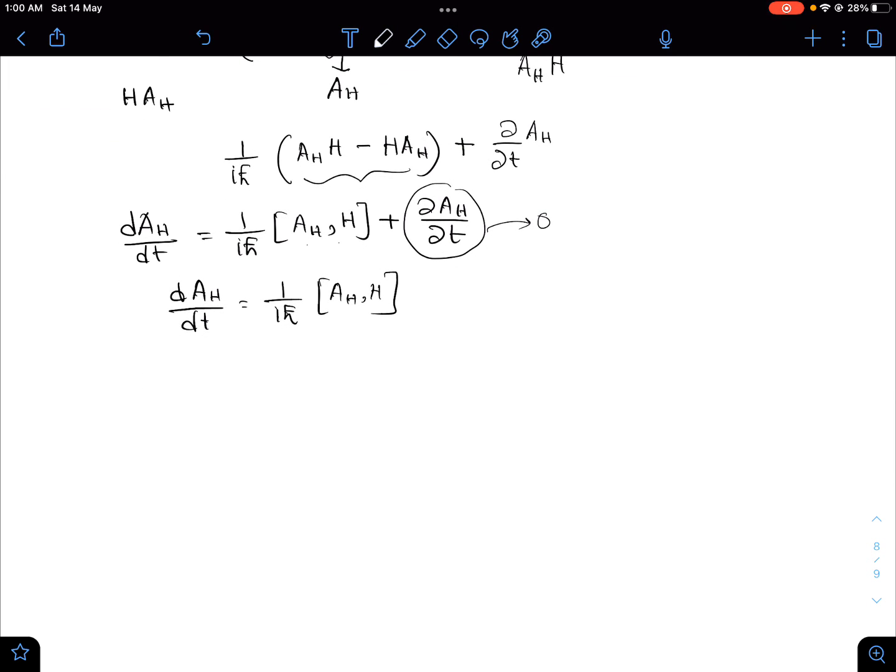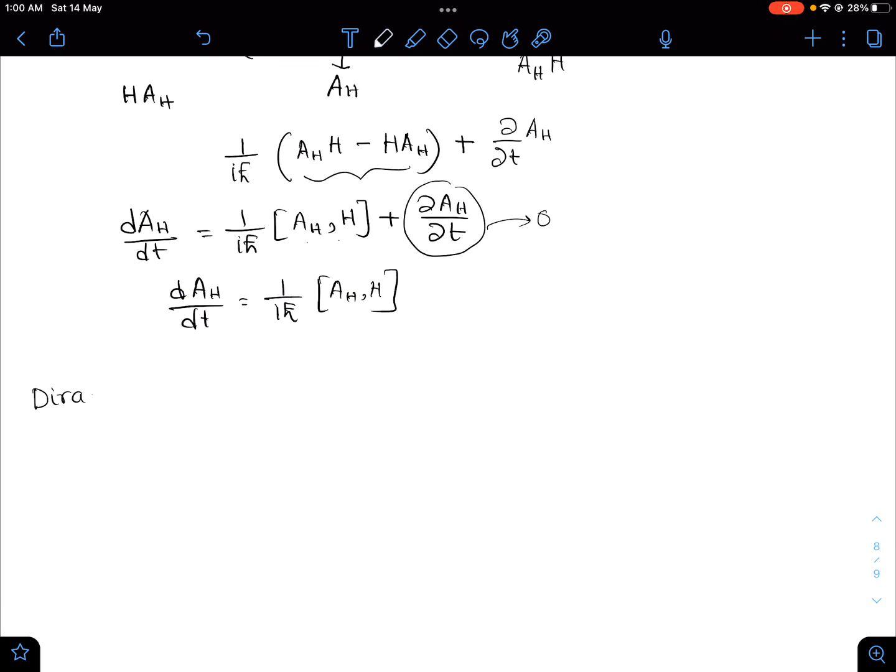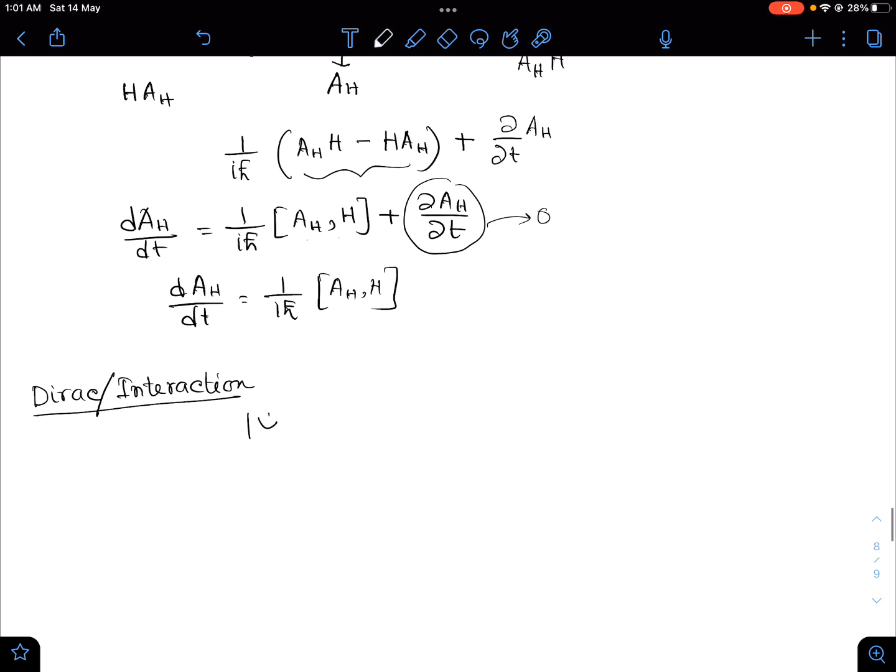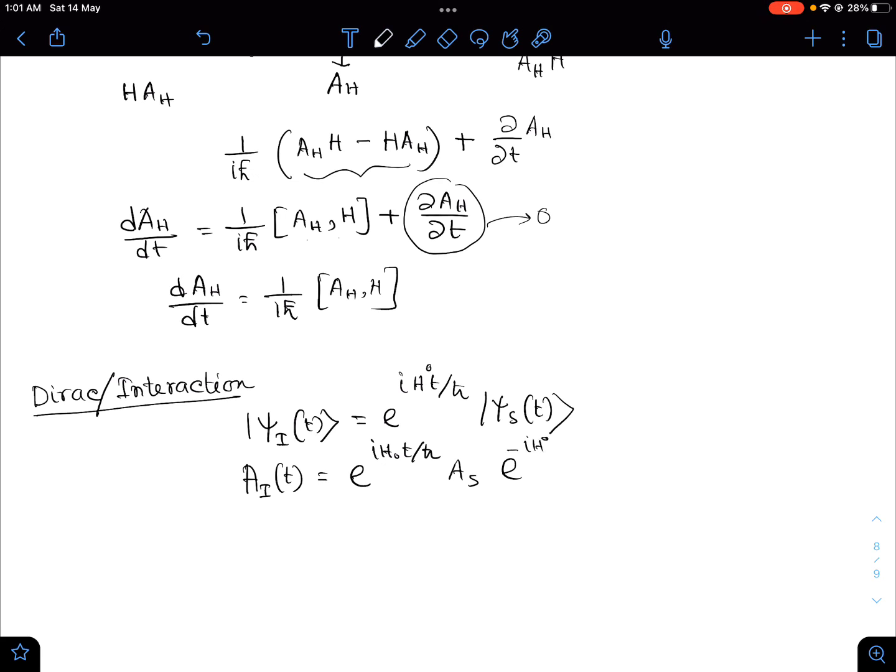And we have another last picture, the Dirac picture or interaction picture. So let me just briefly write how in the Dirac or interaction picture we write operator and state. So in interaction picture, the state is written as e to the power i H0 t by h cut psi S, and we have the operator as e to the power i H0 t by h cut A e to the power minus i H0 t by h cut.